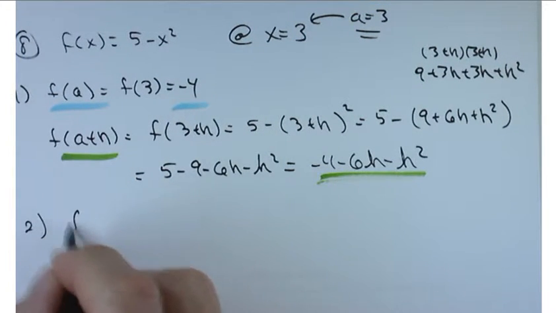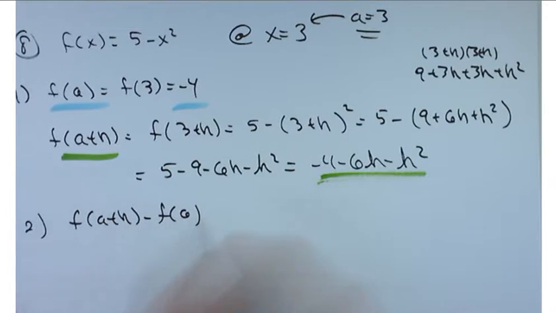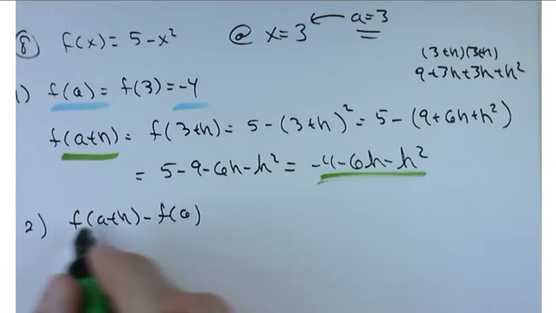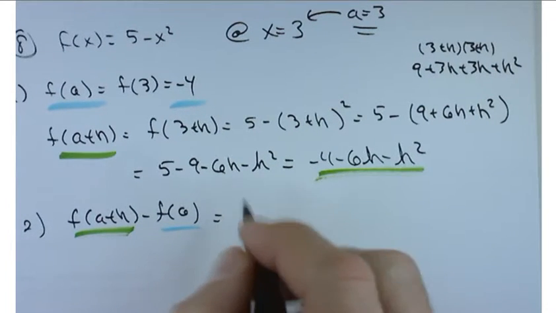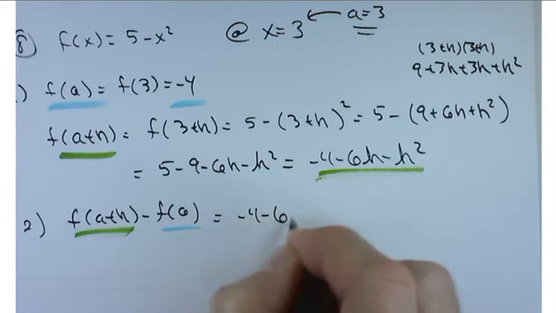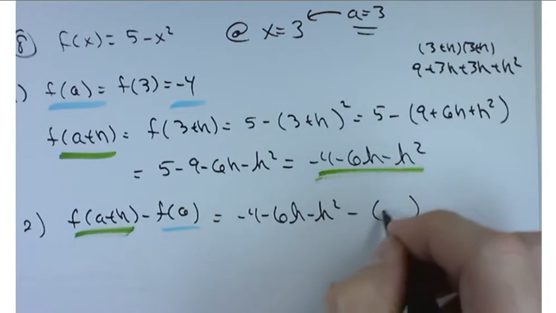I need to find f of a plus h minus f of a. So f of a plus h, that's this one. F of a. Let's fill in some values there and see what we get. So -4 minus 6h minus h squared minus -4.